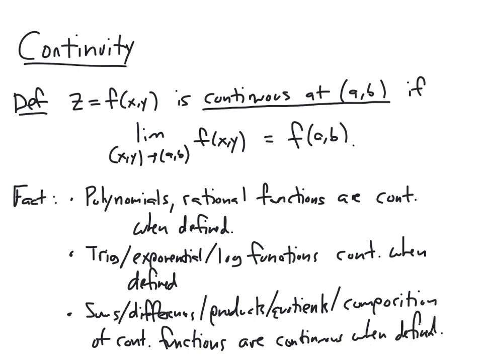Again, the quotient of two functions might not exist everywhere because we might have a division by zero. But these are all basic facts that usually are justified in a Calc 1 course, at least for one variable functions, and they extend in the most obvious way to two variable and more variables as well.